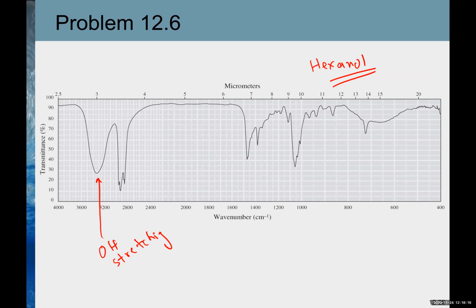While we are at it, let's label all the other peaks. Hexanol is CH3. We already said this is OH stretching. How about this one? What is this peak? CH stretching.